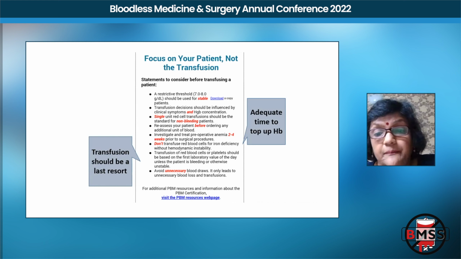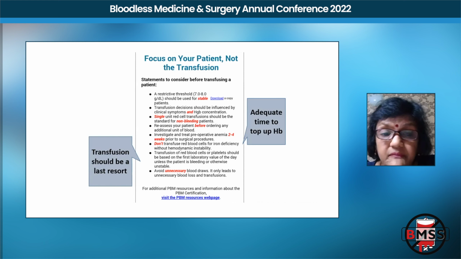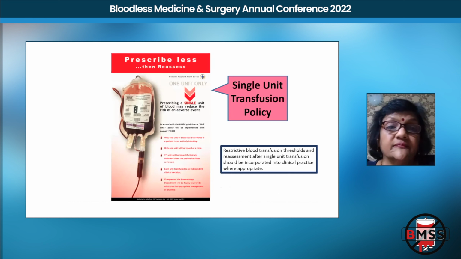We should plan early, have adequate time to improve the hemoglobin of our mothers who are pregnant prior to delivery, or for our patients who are going for surgery as well. And if we resort to transfusion, then we should try to practice a single unit transfusion. Restrictive blood transfusion threshold and reassessment after single unit transfusion should be incorporated into clinical practice in all areas.